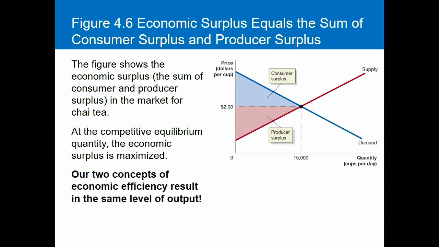We can also think of equilibrium in terms of consumer and producer surplus. So here we have a market in equilibrium. The difference between the demand curve and the price of $2 here is our consumer surplus. The difference between the price and the marginal cost, or supply, is going to be our producer surplus. When we are at equilibrium, these two areas are maximized.